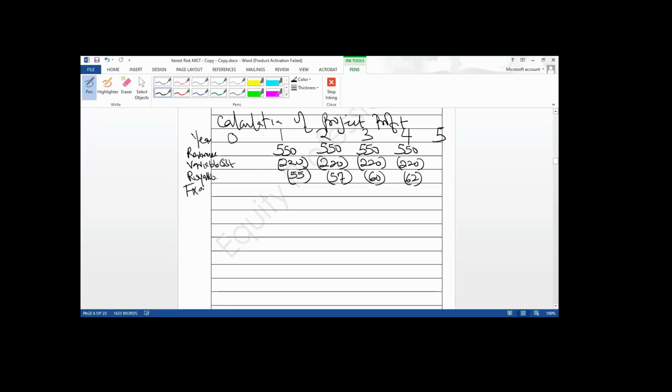Incremental fixed cost: 50 million annual, 50 million, 50 million. All the cash flows are in F dollar. Add and subtract. That will give you the cash profits.